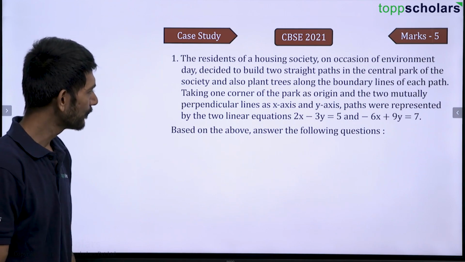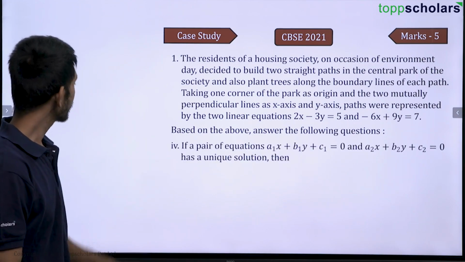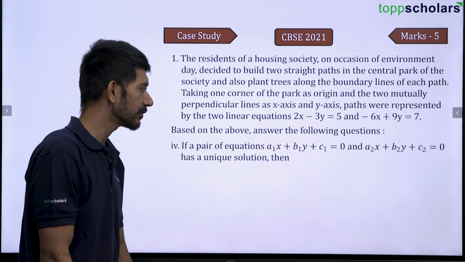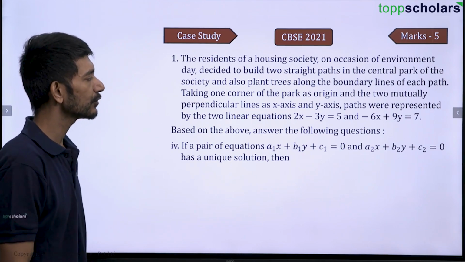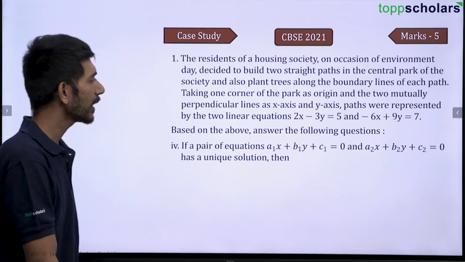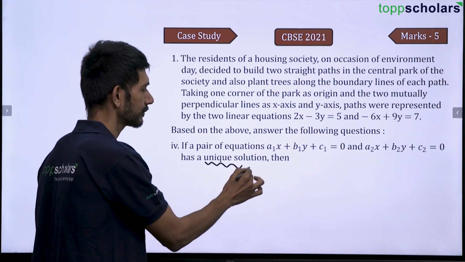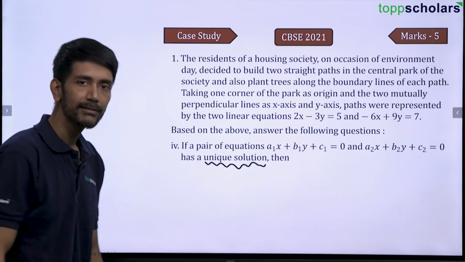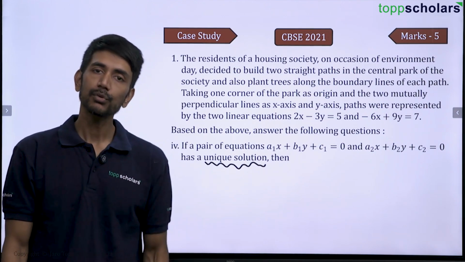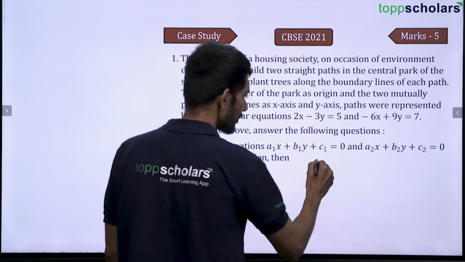Okay, let's continue. The next question says, if a pair of equations a1x plus b1y plus c1 is equal to 0 and a2x plus b2y plus c2 is equal to 0 has a unique solution. What is the meaning of unique solution? Unique solution means one solution, right?